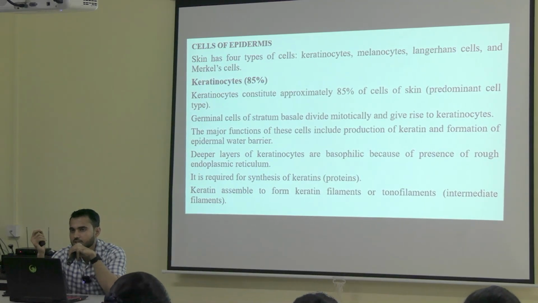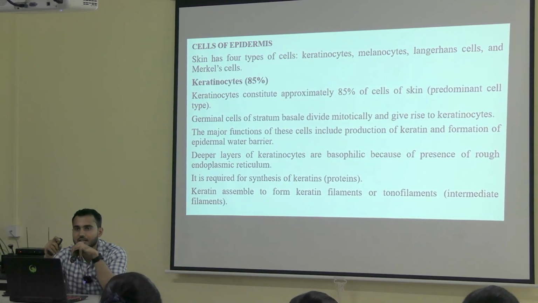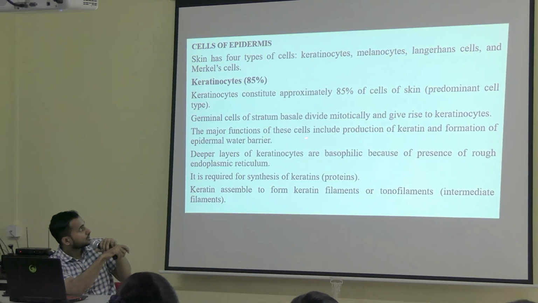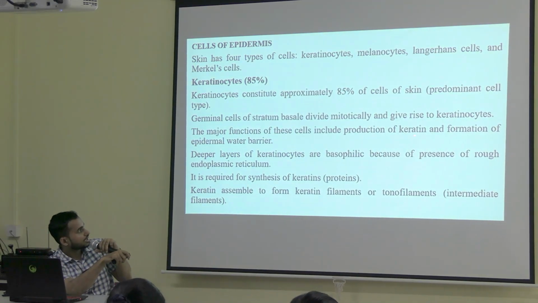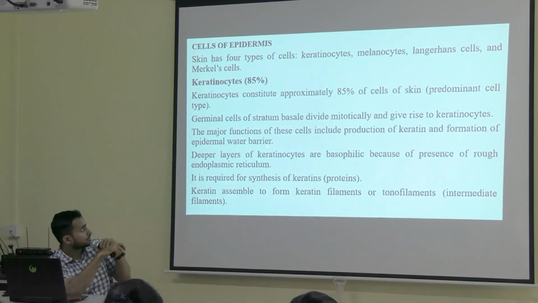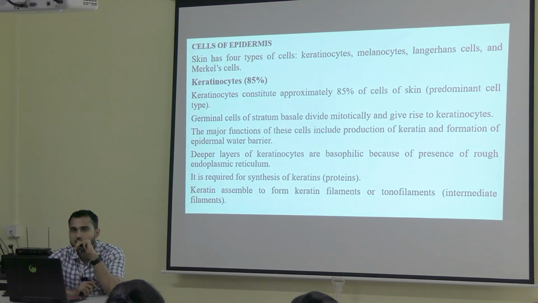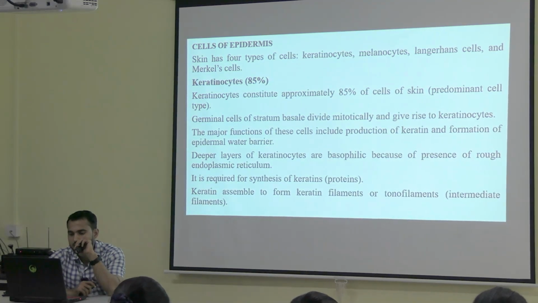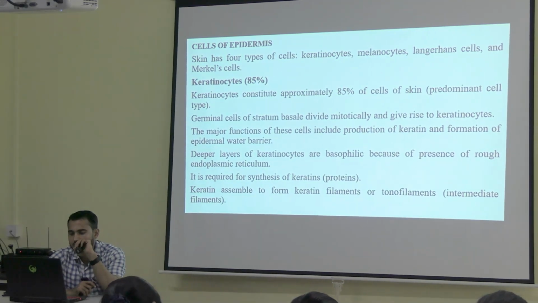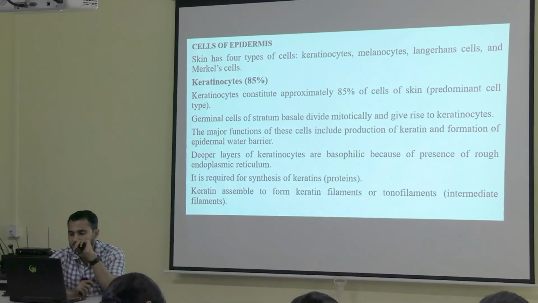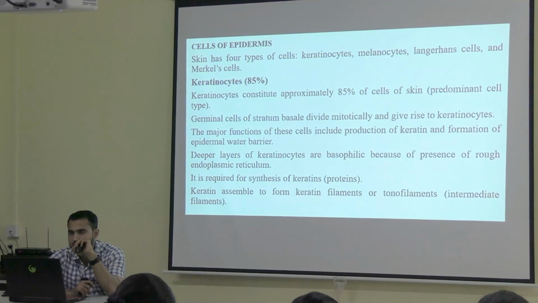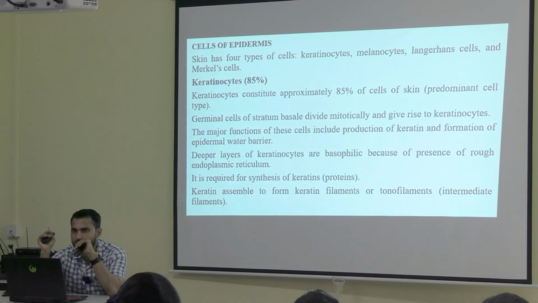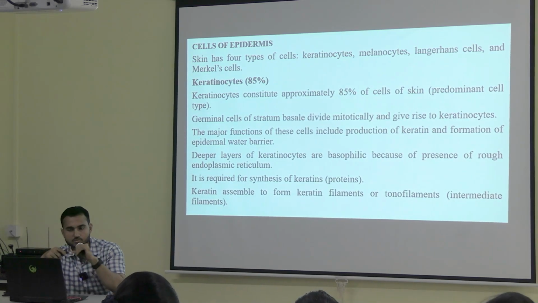The major functions of these cells include production of keratin protein and formation of the epidermal water barrier. Keratin is assembled in the form of keratin filaments, also called tonofilaments or intermediate filaments, on the superficial surface, as we have discussed.